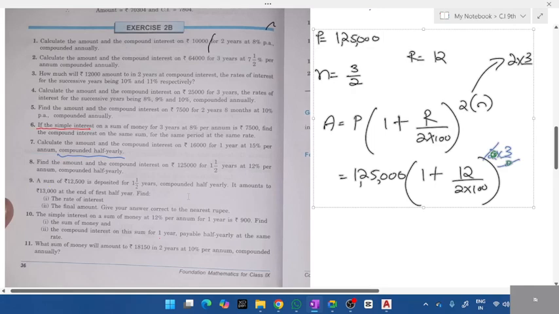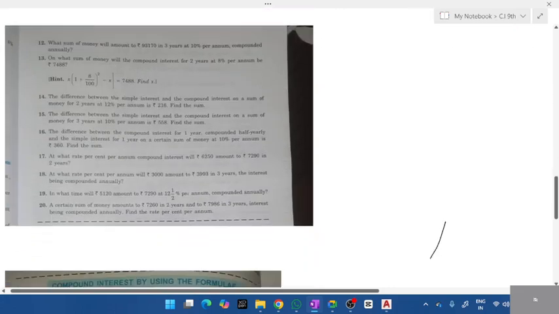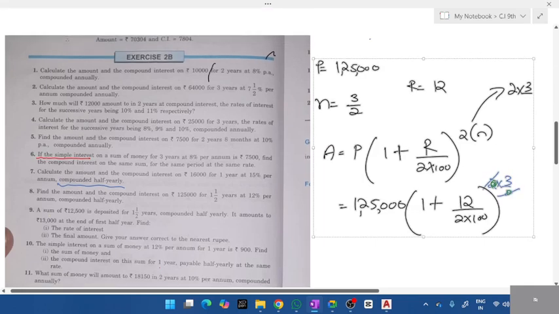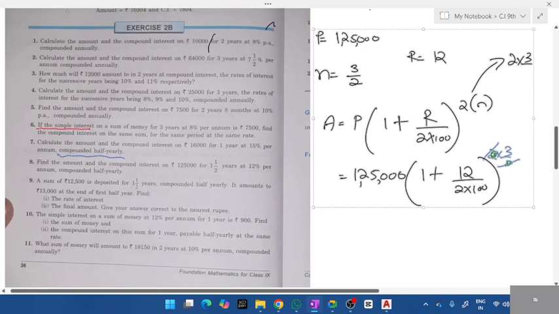Find the compound interest for 1 year, payable half yearly at the same rate. We have a lot of questions, so be fast. Just copy this, students, and calculate later. Do it for homework. We'll start the next one.